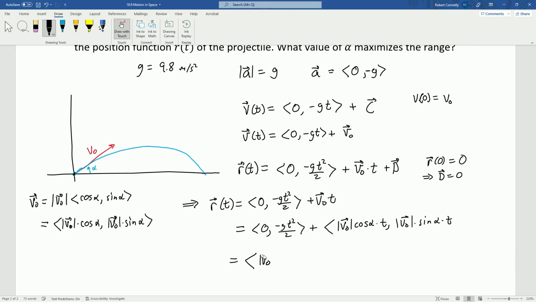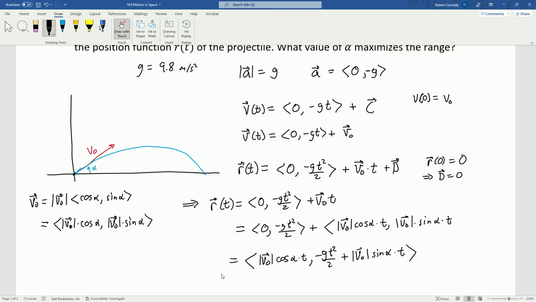We get magnitude v0 cosine alpha t, and then here we get negative gt squared over 2 plus magnitude v0 sine alpha times t. Okay, so that's a pretty good start. This is our general position function of the projectile.